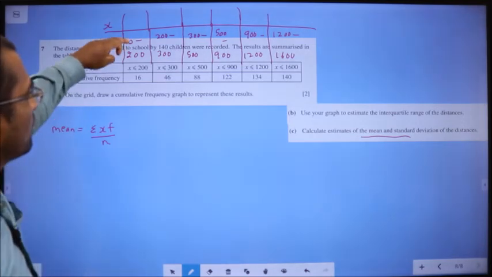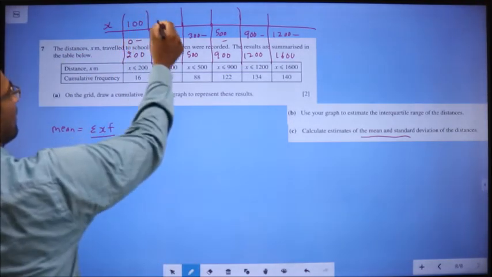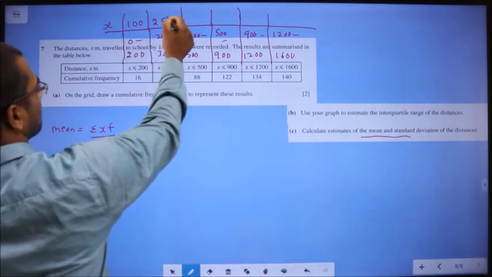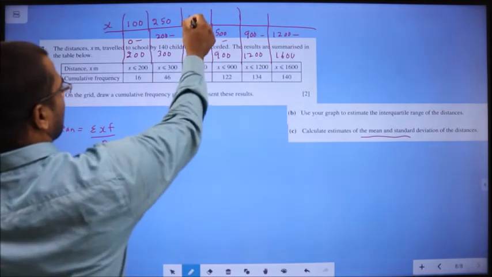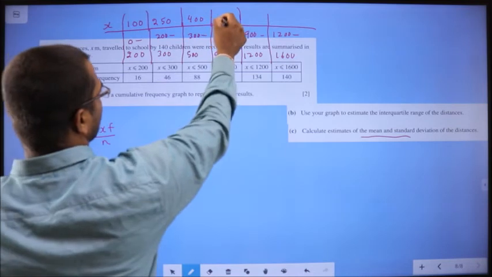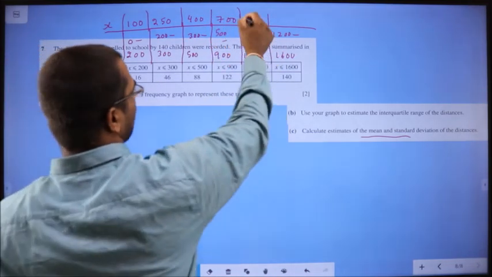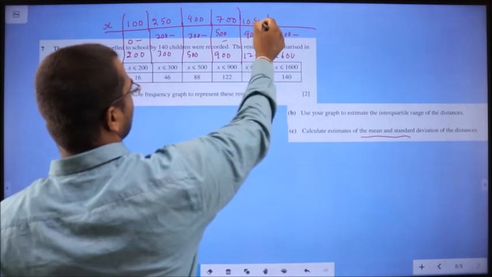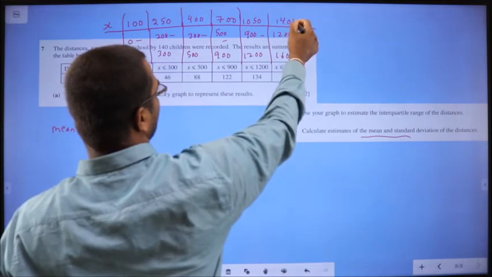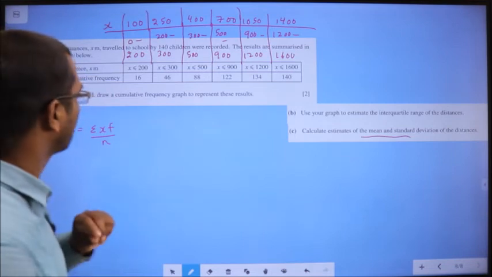So 0 plus 200 by 2 will give me 100. 200 plus 300 by 2 will give me 250. 300 plus 500 by 2 is 400. 500 plus 900 by 2 is 700. 900 plus 1200 by 2 will give me 1050. 1200 plus 1600 by 2 will give me 1400. These are the values of x.